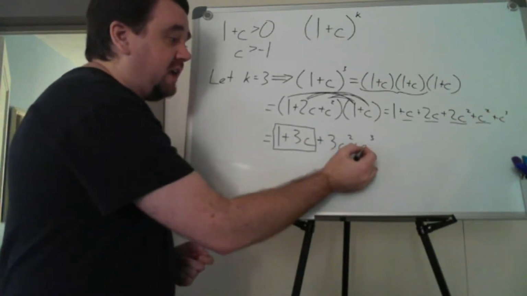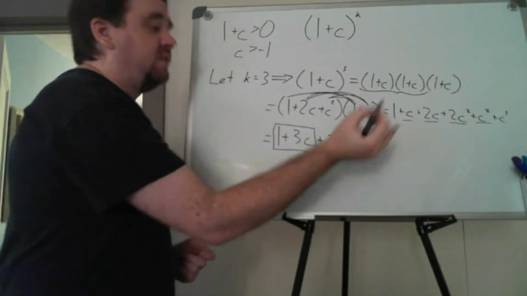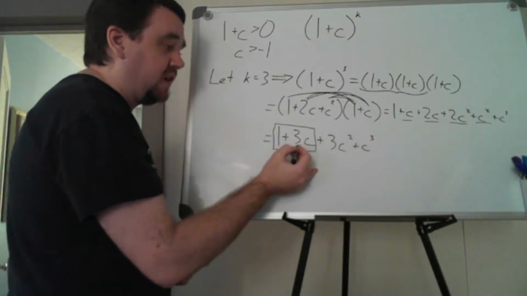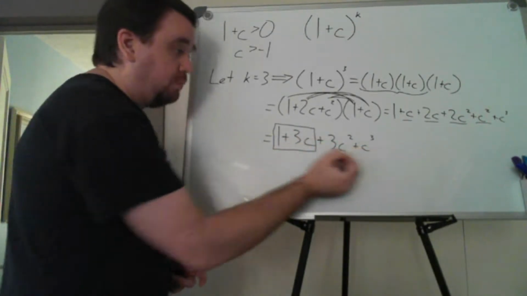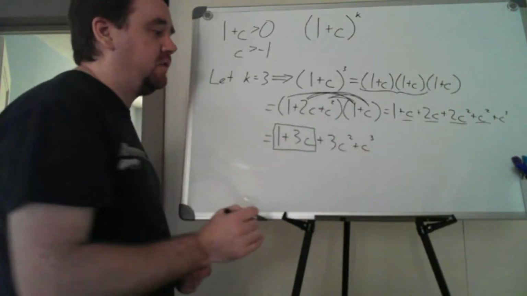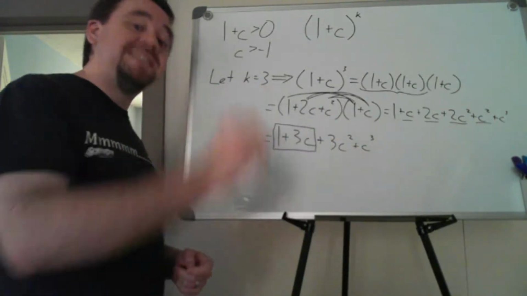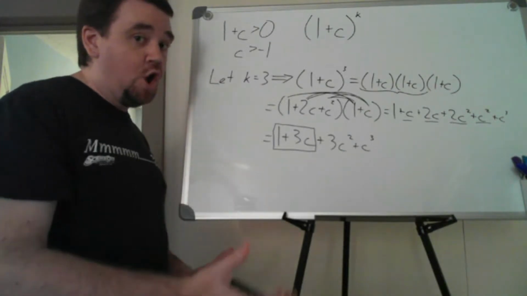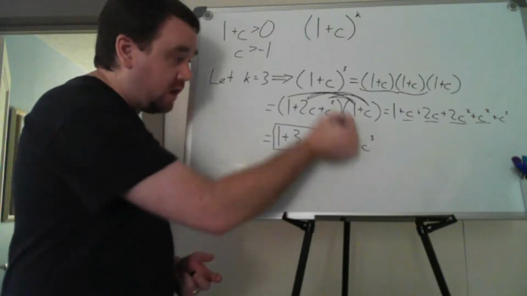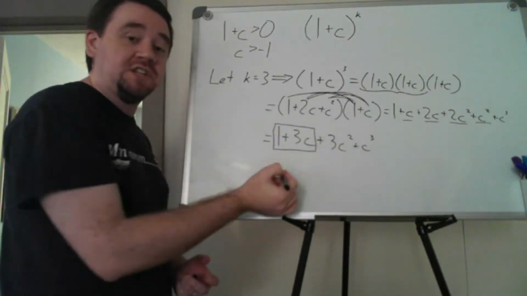Now, if c is positive, well then I've got positive times positive times positive, and it's positive. Therefore, this is also adding to this value, making it bigger, and we know that these are both making this bigger. But if c is negative, negative times a negative is negative, which means I'm actually subtracting a value from here, and thus lowering what I've done here with the plus 3c squared.